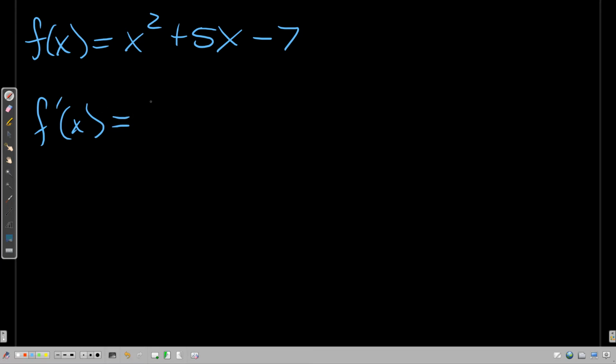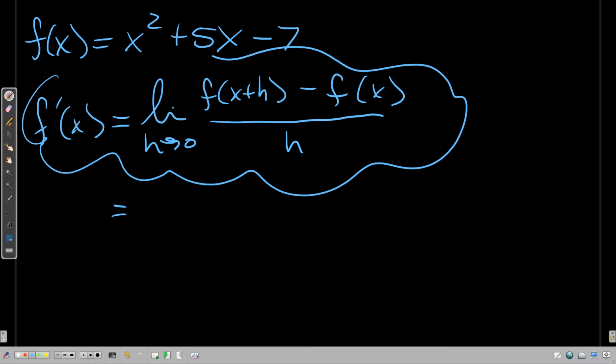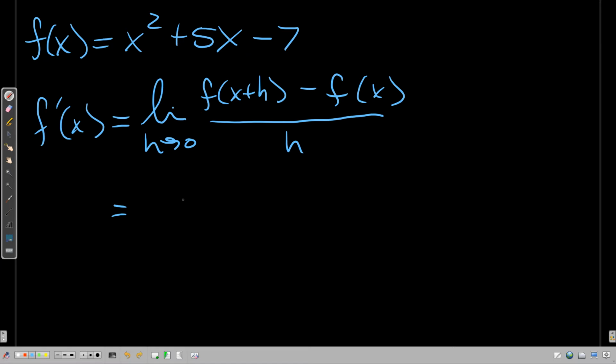The derivative of f is going to be the limit as h goes to 0 of f of x plus h minus f of x all over h. By definition. And it will always benefit you to write down this definition first.